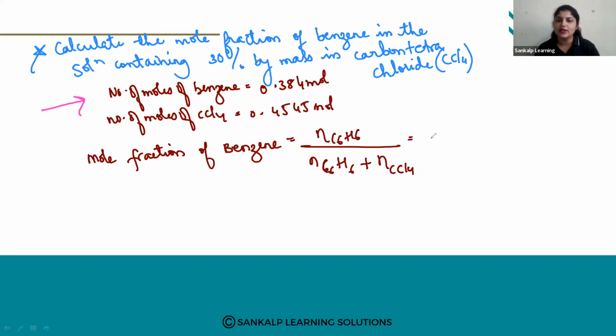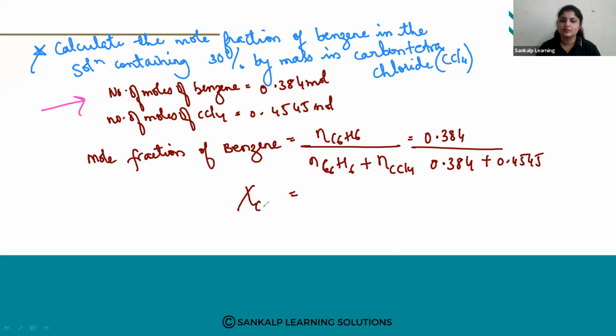So it will be 0.384 divided by 0.384 plus 0.4545. What is the answer you are getting? So mole fraction of benzene is what?